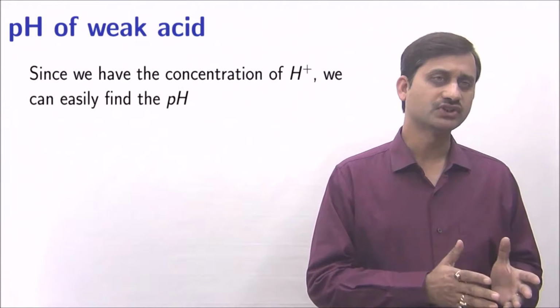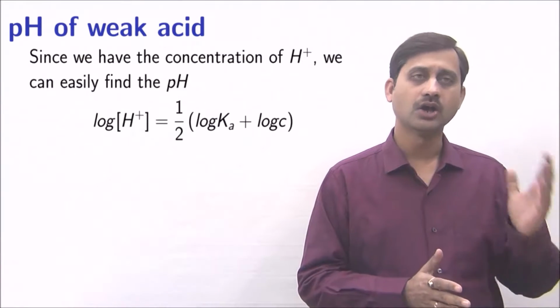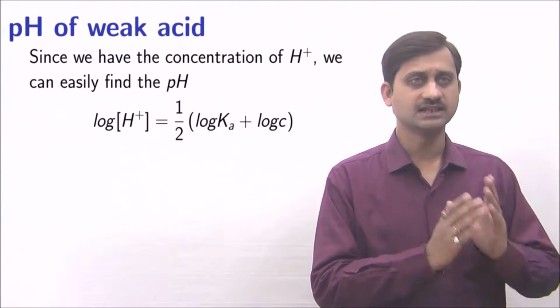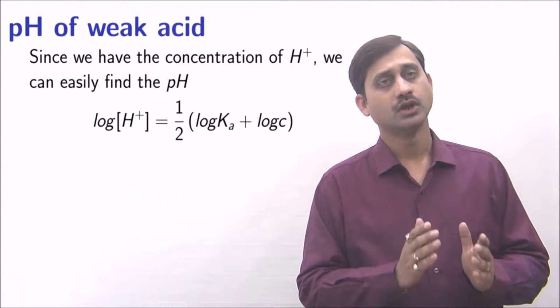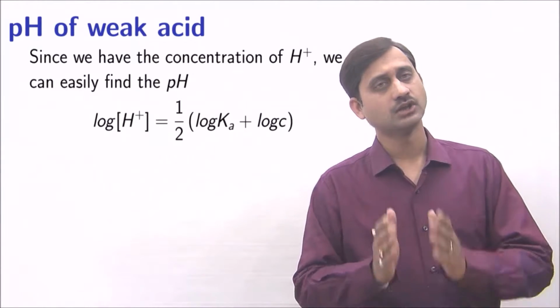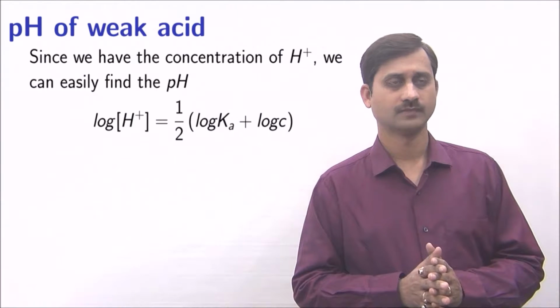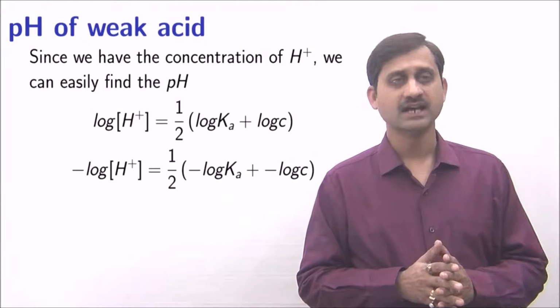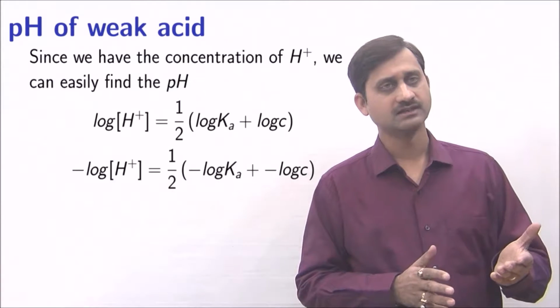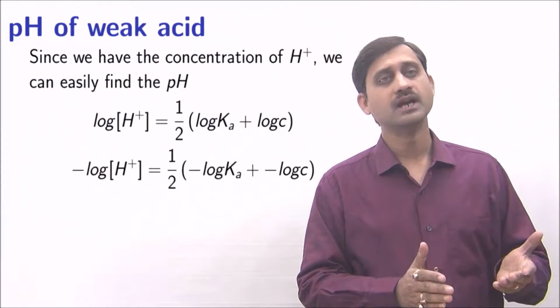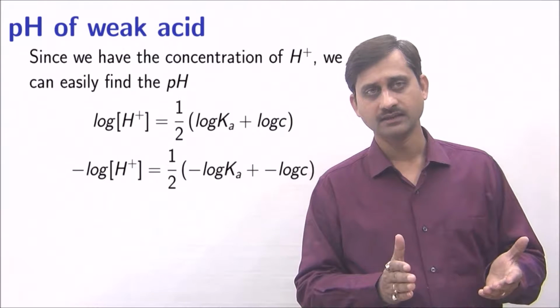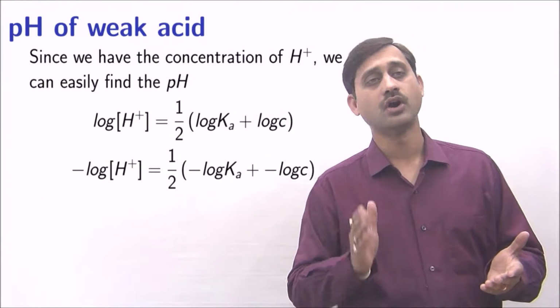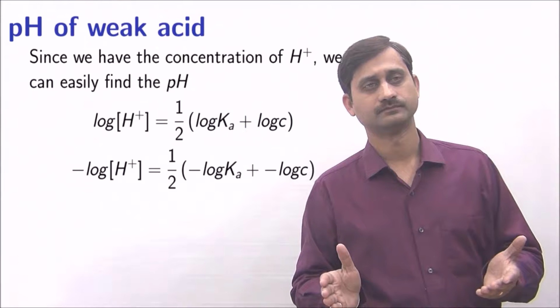Taking the log of the equation we have, we get log of the concentration of H plus is equal to 1 by 2 log of Ka plus log of concentration. Multiplying the entire equation by minus 1, we get the negative log of H plus is equal to 1 by 2 negative log of Ka plus negative log of concentration.